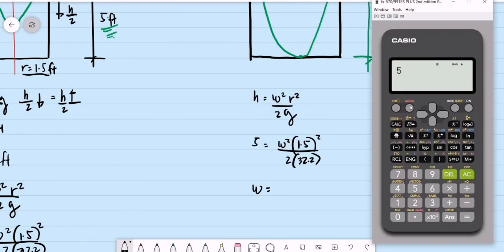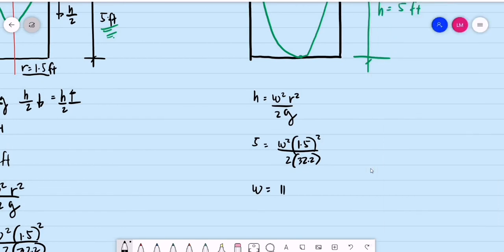So 5 equals, let's say we are using alpha x squared multiplied by the radius, that is 1.5 squared, divided by 2 times, again English unit, 32.2. Then I'll be using shift solve. So we have an angular velocity equal to 11.963 radians per second.